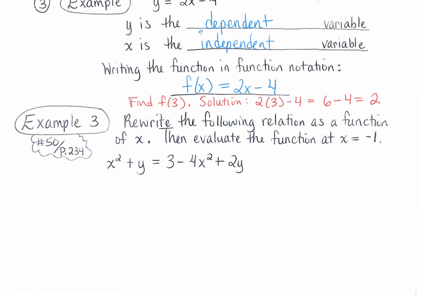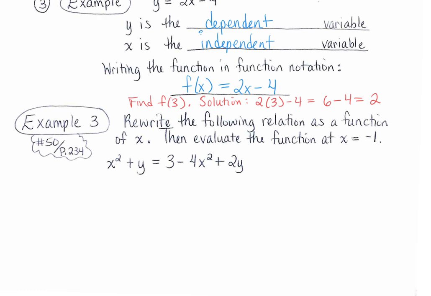We want to solve this equation for what variable? Y. Good. Then after we solve it for y, we want to replace y with f of x. Good. And then after we do that, we want to find what? Find out what we get when x is -1, which means we want to find f of -1.